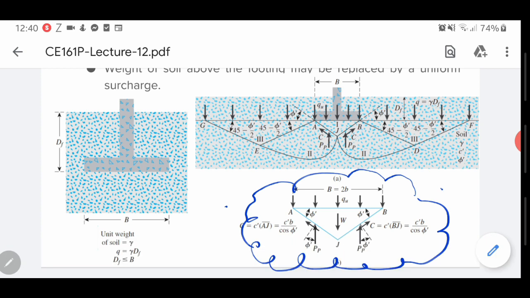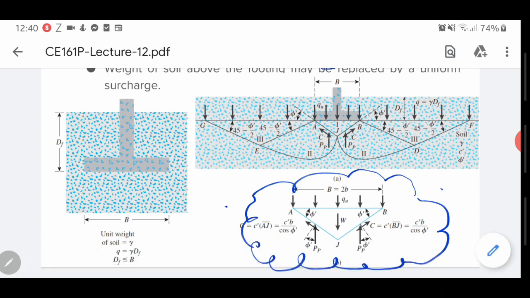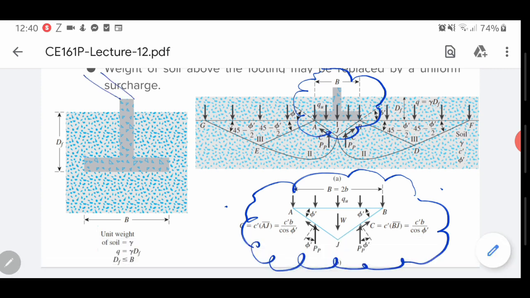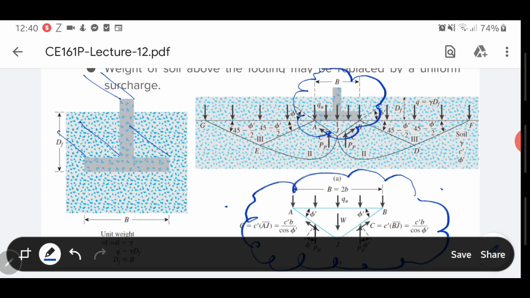Let me emphasize that this is assumed to be a strip footing. So what do we mean by strip footing? It's like this one, a long wall. Going back here, this is the ultimate bearing capacity, and this is the weight of the soil.